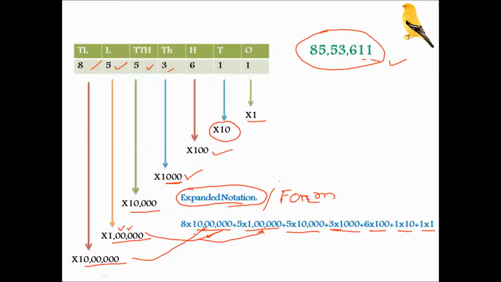Before every particular notation we give a plus sign. So this is the expanded notation of the number 85,53,611.